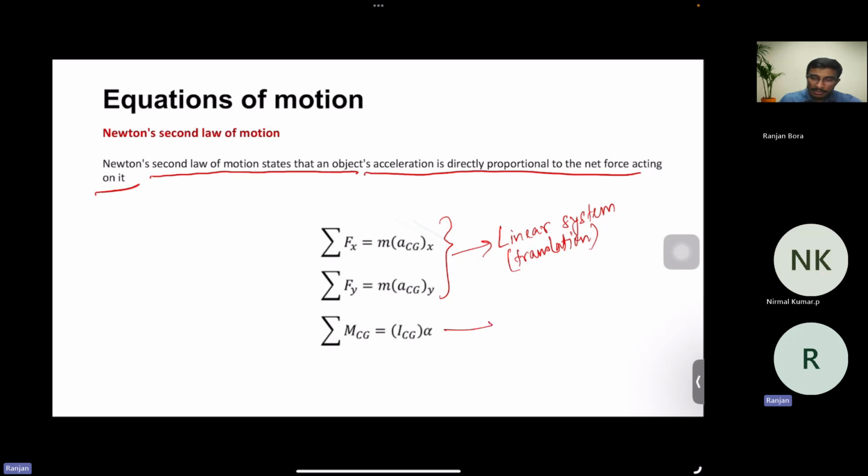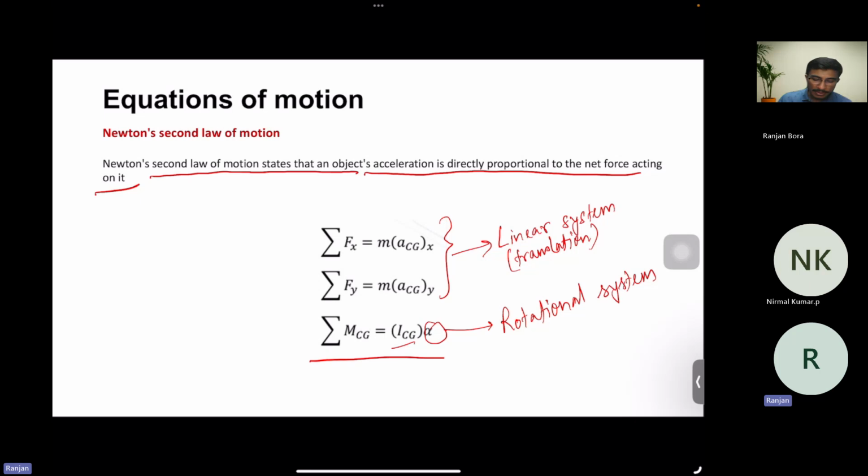And when there is a rotational system, there will be some angular acceleration and there will be a moment of inertia. So using this equation, summation of moment equal to moment of inertia multiplied by the angular acceleration, we can find the moment about any joint.